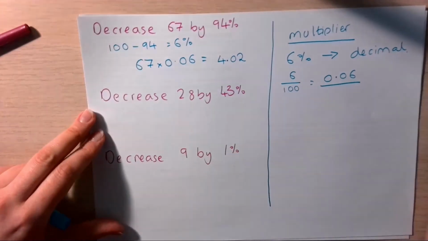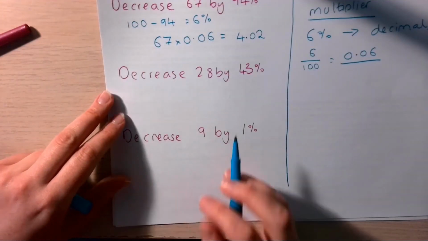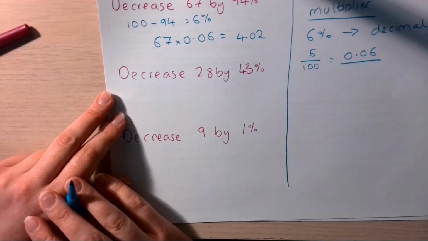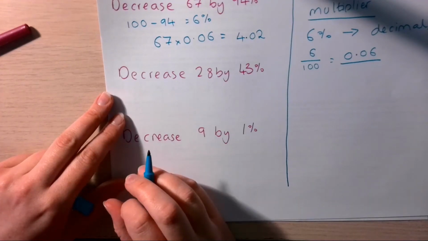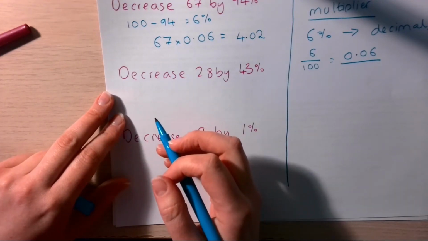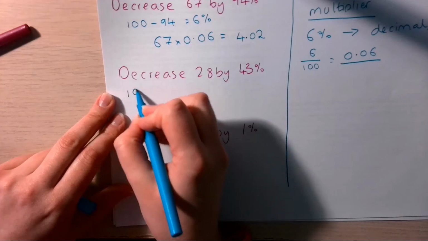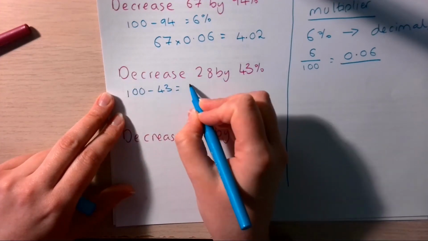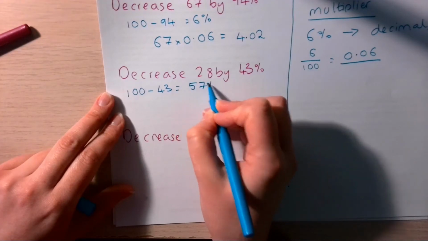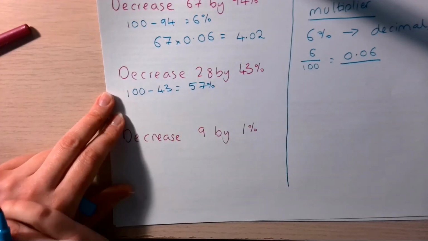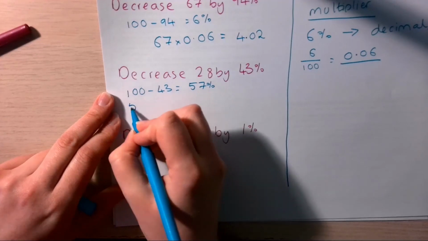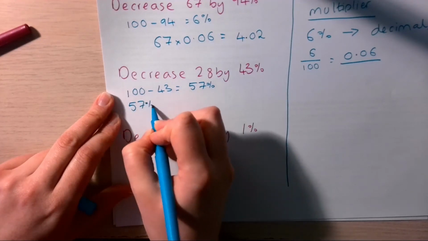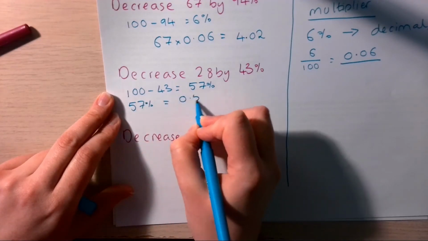So we're going to do another one. Decrease 28 by 43%. The first step is to figure out how much percentage we actually want to keep. So we're going to do 100 subtract 43, which is 57% that we're going to pay for. And the multiplier for that, 57%, is 0.57.